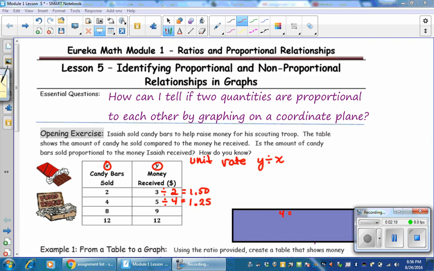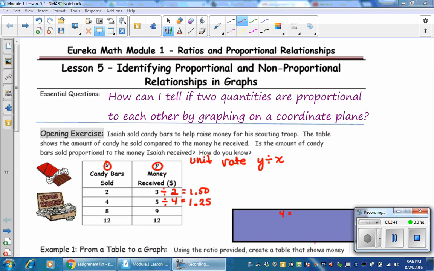So we've got $5 divided by 4 candy bars, and those candy bars cost $1.25 each. So if you're buying 2 candy bars, they're $1.50 each. But if you're buying 4 candy bars, they're only $1.25 each. So you can already see that this is not a proportional relationship.